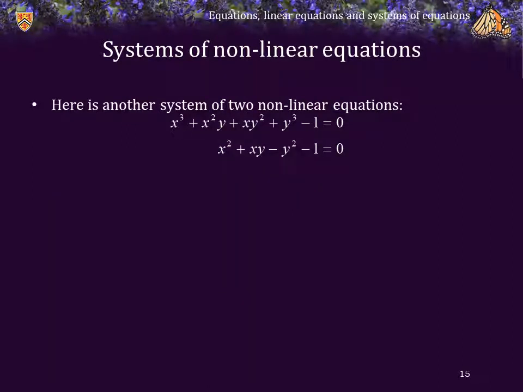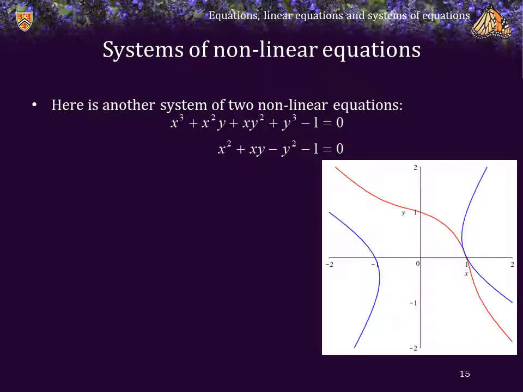Now, here is another system of two nonlinear equations. Every point in red on this graphic is a solution to the first equation, whereas every point in blue is a solution to the second equation.